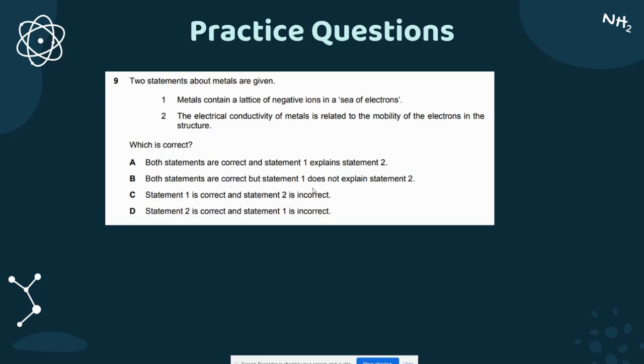Yes, positive ions. Next, the electrical conductivity of metal is related to the mobility of the electrons in the structure. True. So we know that statement 2 is correct. Going through the MCQ options, we know that D is the correct answer. Statement 2 is correct and statement 1 is incorrect.